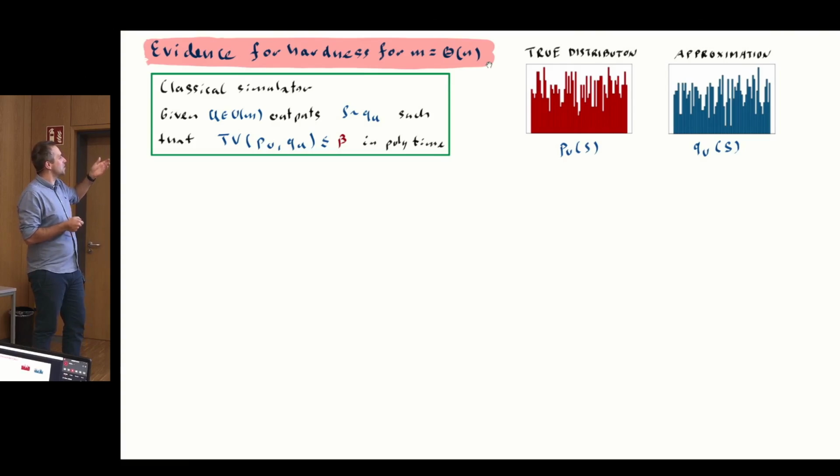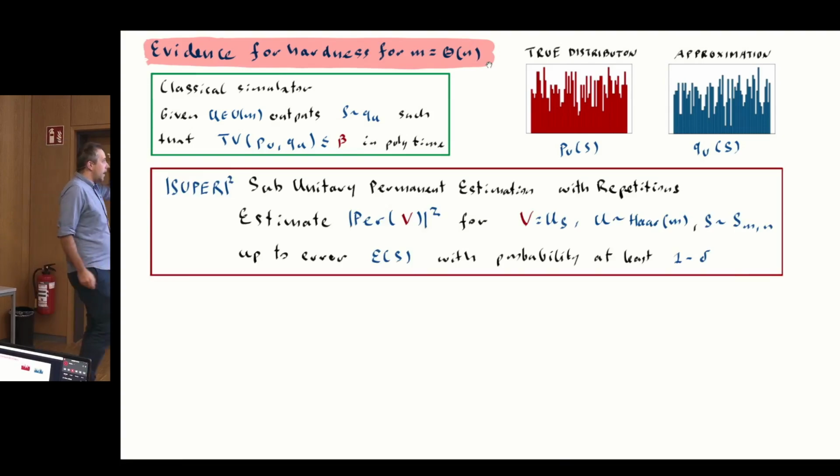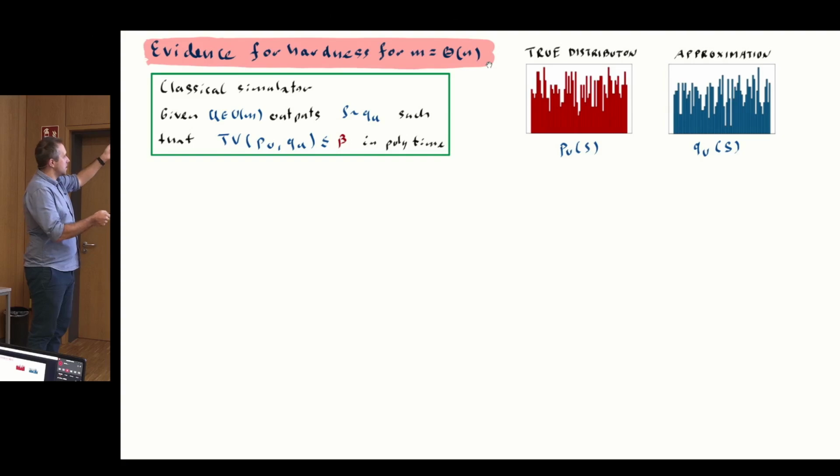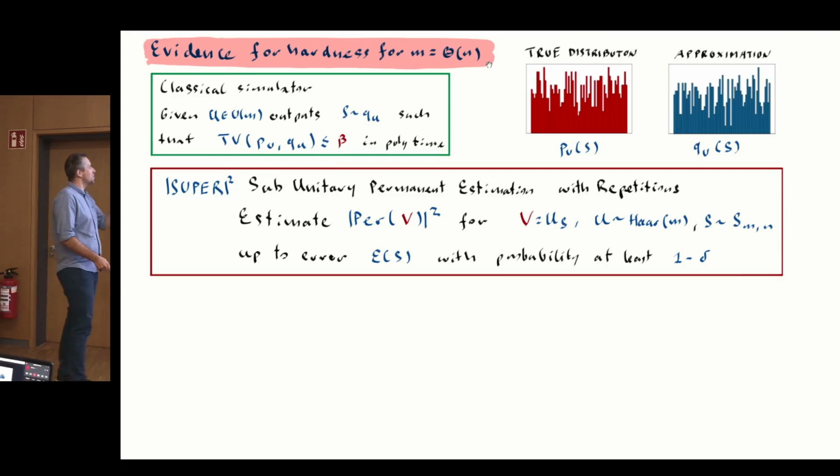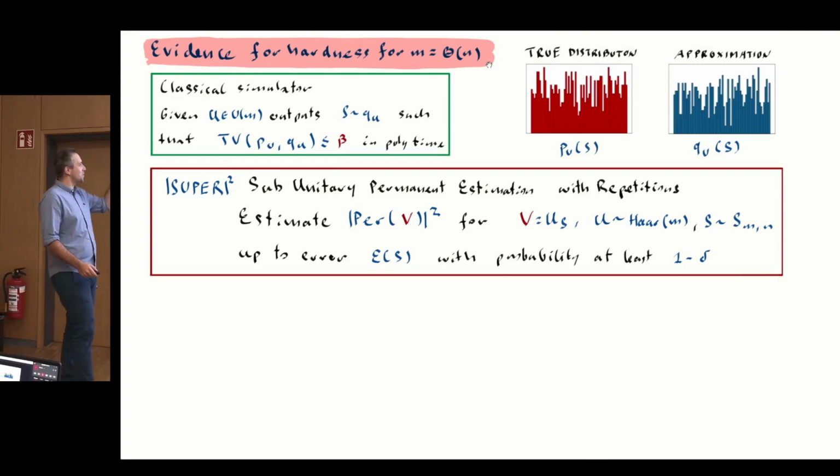So I am just going to assume that I have access to a classical simulator that outputs samples from a probability distribution Q, and this probability distribution is beta-close to the true quantum probability distribution P, and it runs in polynomial time in the parameters of the problem, and I want to refute the existence of such a sampler. And now in the course of our analysis we came up with a very interesting problem, and we named it super.